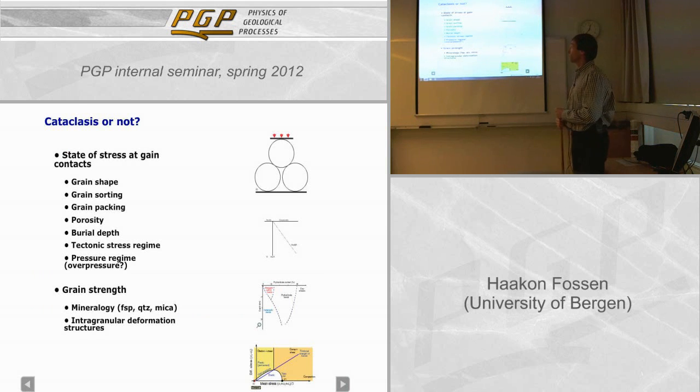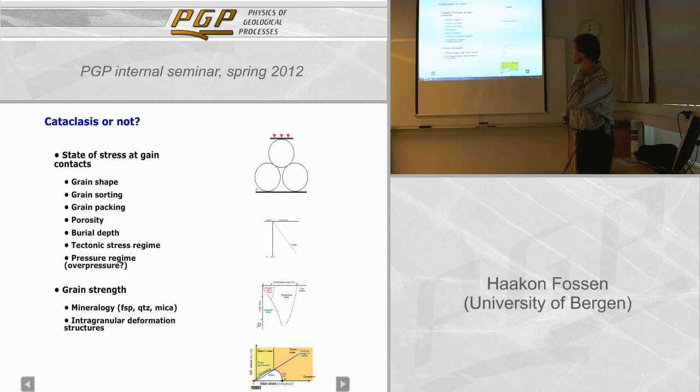Okay, so the cataclastic deformation bands is what perhaps most people are most interested in because they have the most impact on fluid flow. And they also stand out more in the rocks because they are white and have a positive relief and things like that.